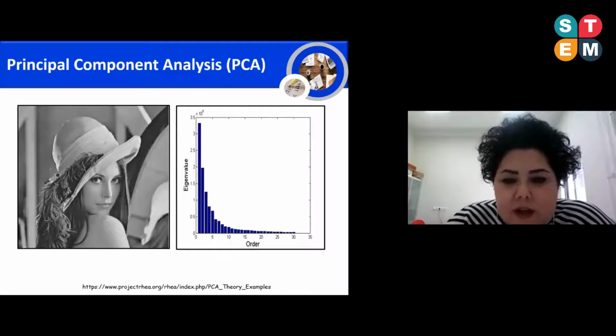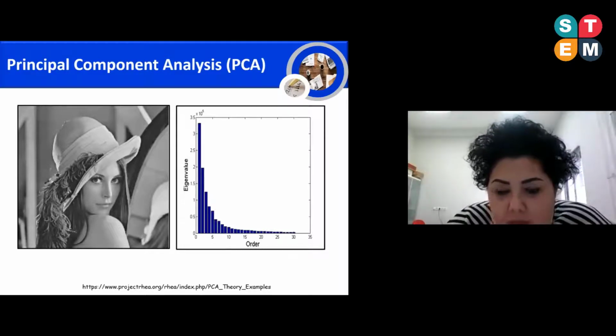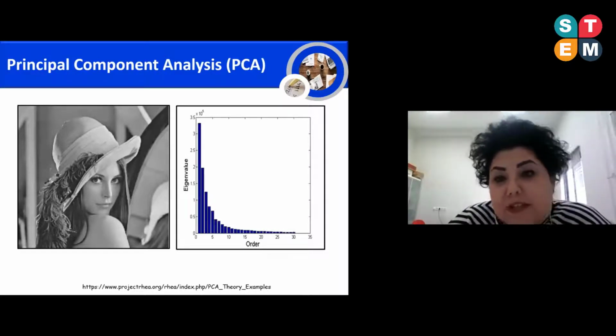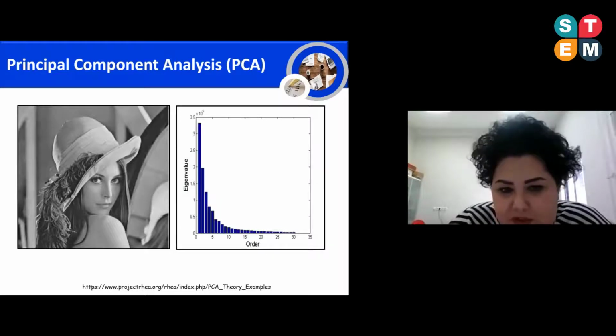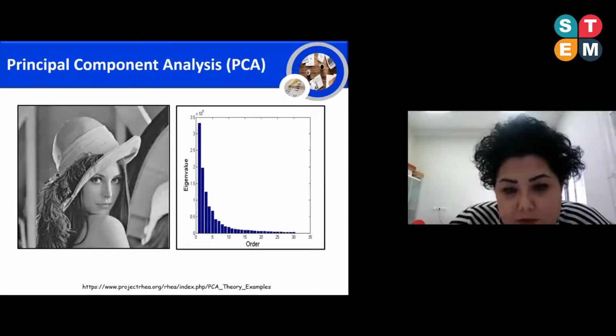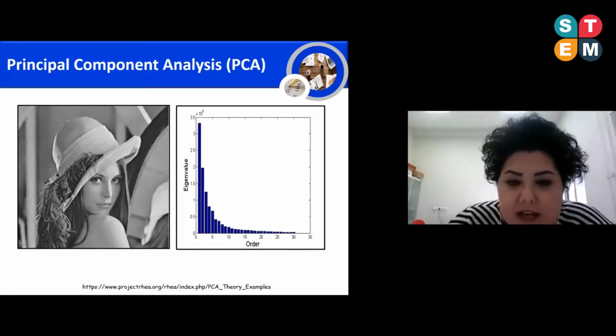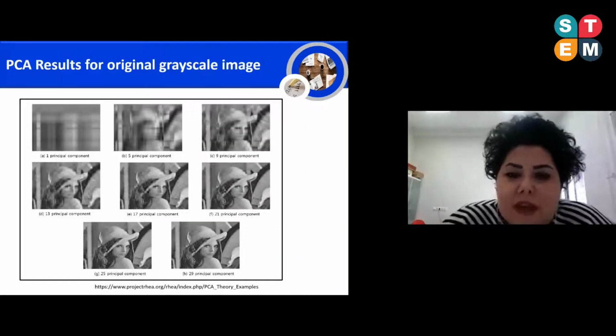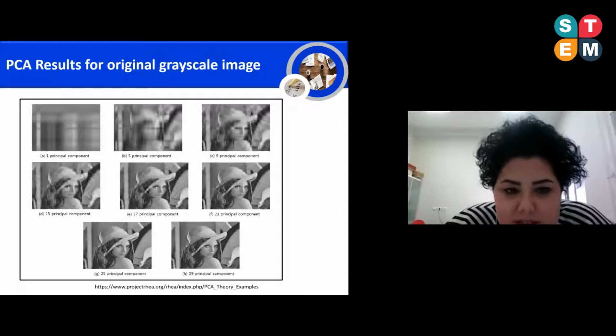Here you can see that there are almost 30 principal components that describe this lady's picture. But when you look at the first 5 principal components, you can see that the ratio is very high. Take a look at this side. In the first principal component, you do not see anything, it's blurry.